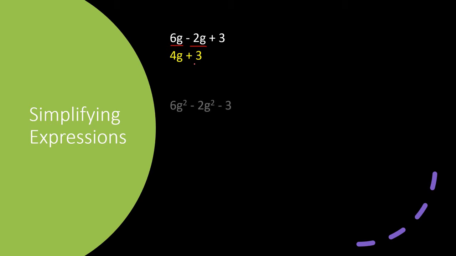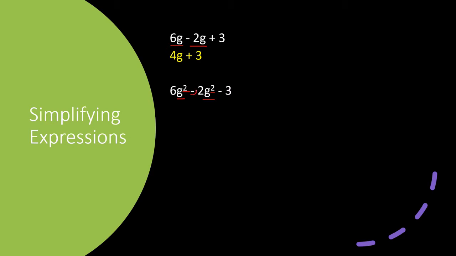In my next example, I'm sorry, I have 6g squared minus 2g squared minus 3. So these, my friends, are also like terms, because not only do they have the same variable, but they also have the same exponent on the variable. So I'm going to combine these two by subtracting them. But why do I have to subtract them?